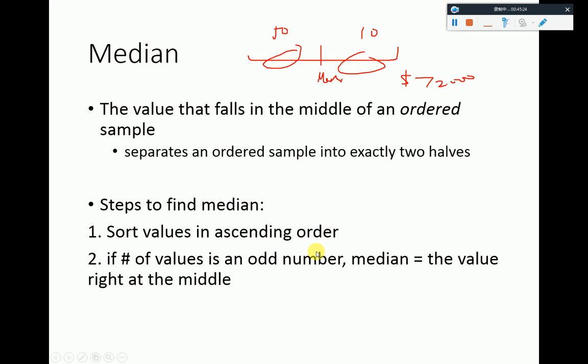Let me repeat. Two steps to find the median. The first step is always to sort values into a certain order, ascending or descending, doesn't matter. The second step is to determine whether the number of values in the sample is odd or even. If the number is odd, then the median will be the value that's right at the middle of this ordered sample. So let's see what it means.